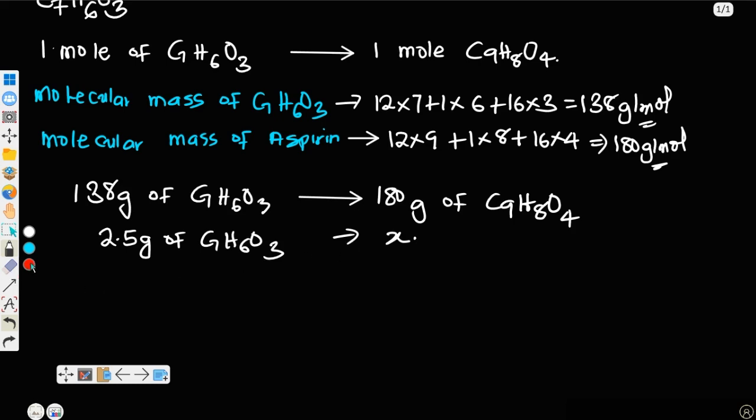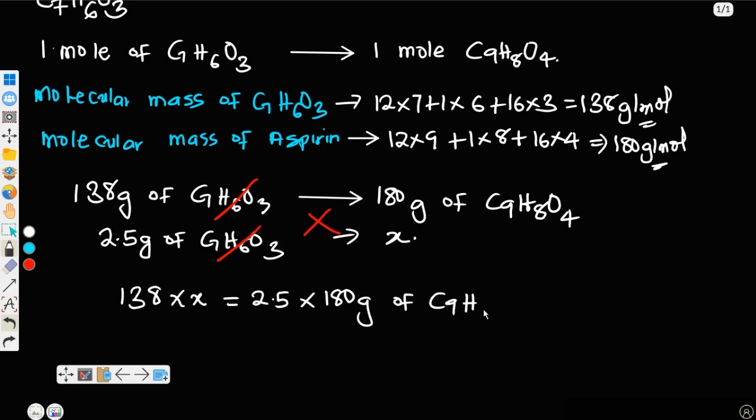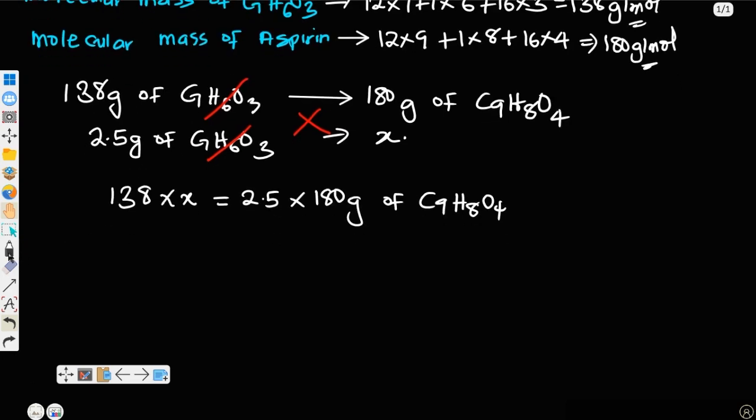Is that okay? Of course, this can cancel this, so that we are going to have cross multiply. This multiplied by this is going to give us 138 times x is equals to 2.5 times 180 gram of C9H8O4. Is that okay? Now, at the end of the day, what do you think we are going to have?